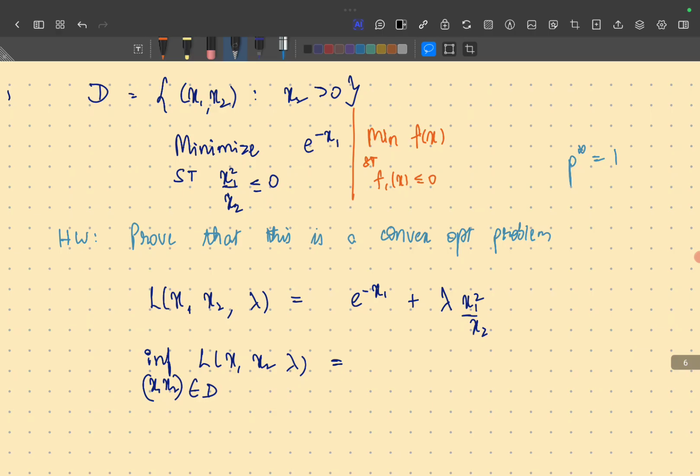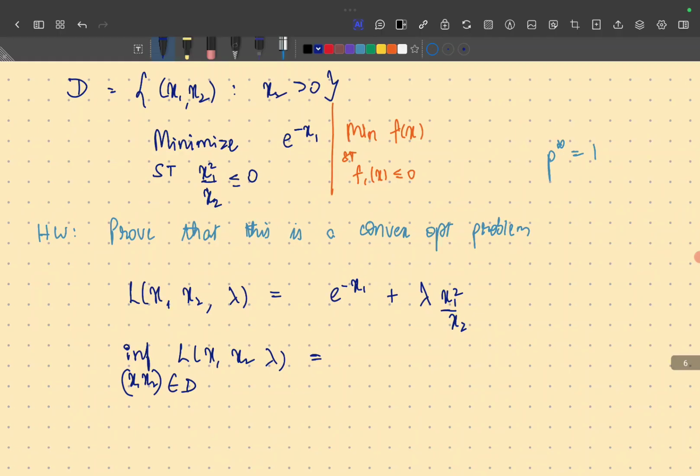Is a minimum achieved at any interior point or not? That may not happen. The whole process of setting the gradient to 0 and finding the solution to the first order necessary conditions works if you have an interior point that is a local minimum. In this case, there is no interior point which is a local minimum. Basically, the infimum is never achieved. My claim is that this infimum is equal to 0.